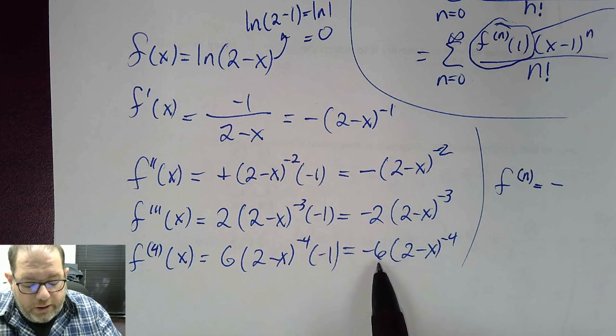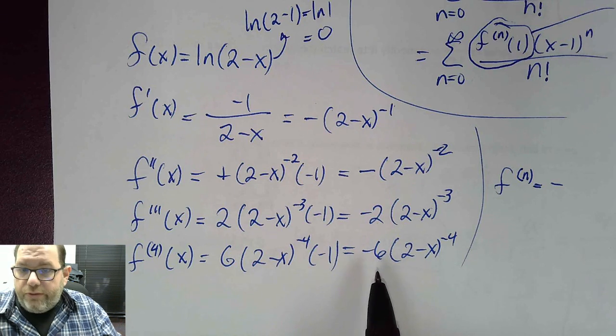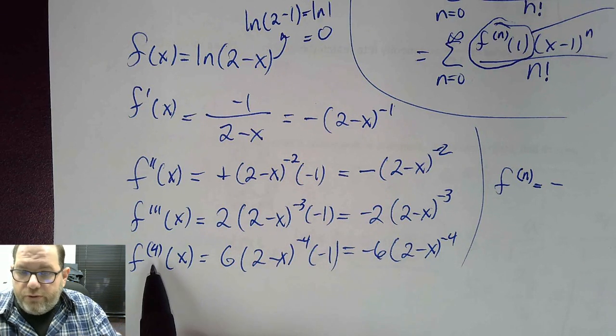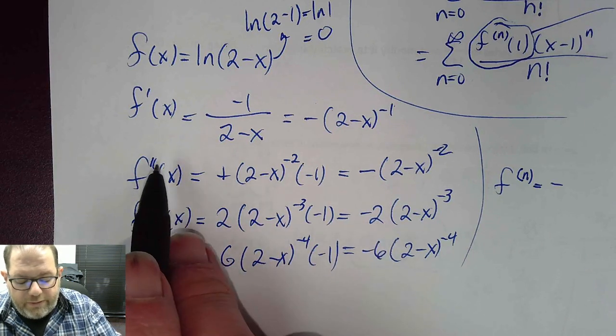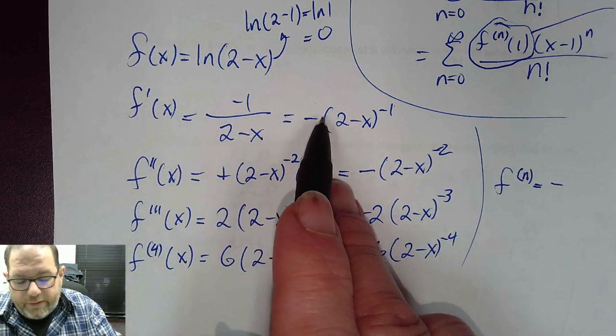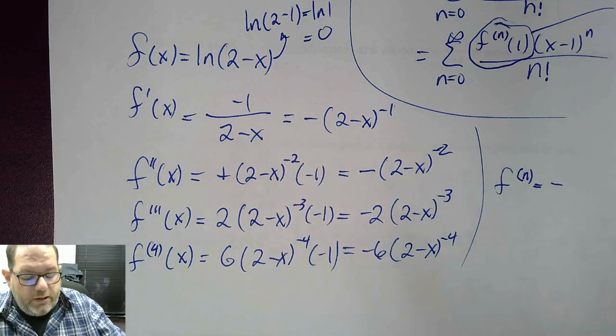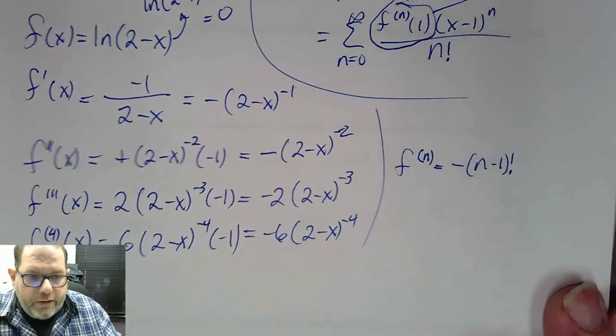So we are getting a factorial in that coefficient expression. But now notice that 6 is only 3 factorial, but this is for the fourth derivative. The third derivative has a 2 factorial. Second derivative has a 1 factorial. First derivative has a 0 factorial, which is still 1. So this is actually n minus 1 factorial that we've got there.